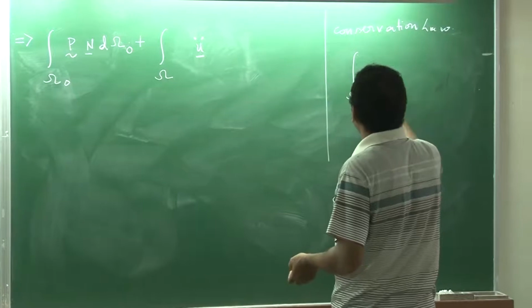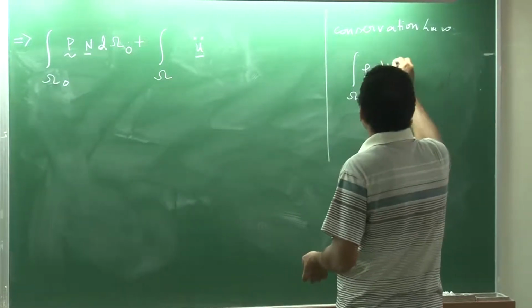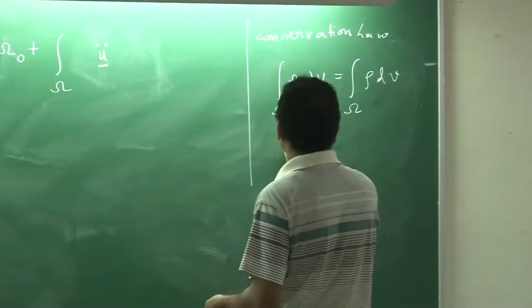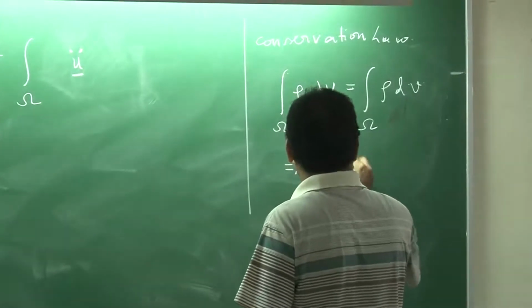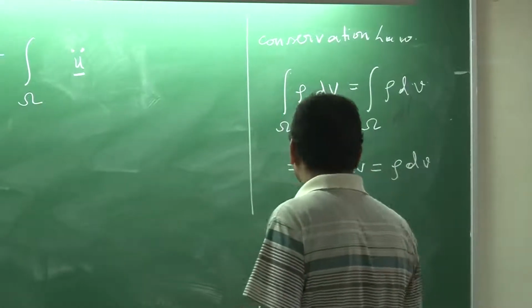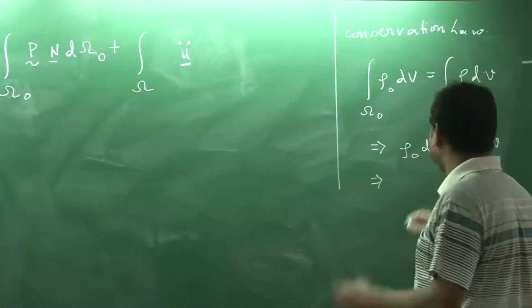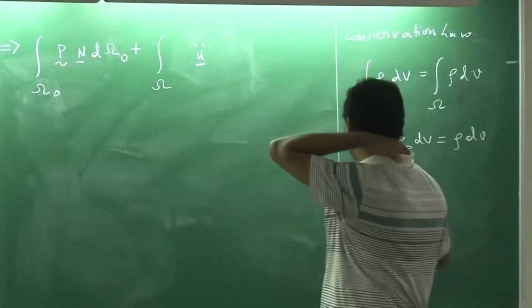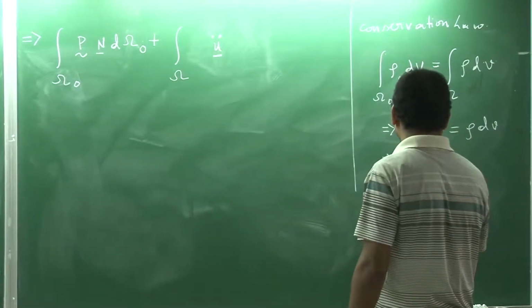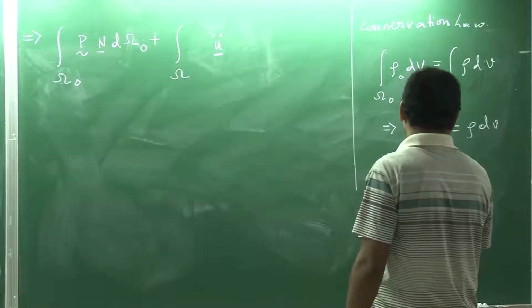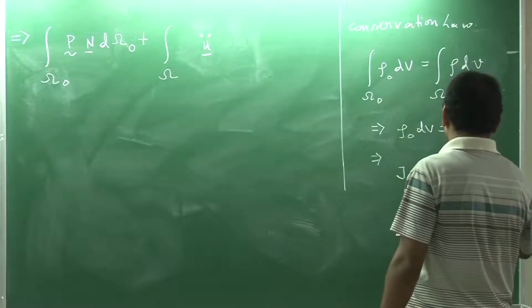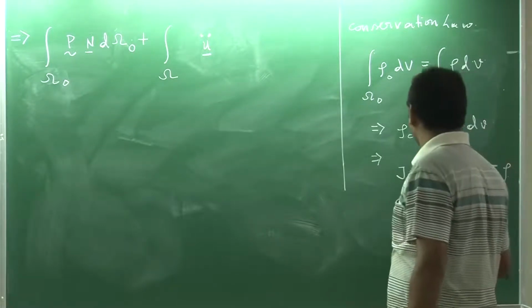the integral over omega 0 of rho 0 dV, capital V, is the integral over omega of rho dv. Later you will see that rho 0 can be expressed in terms of rho, so basically J will be rho by rho 0, so rho 0 J is rho. J is the Jacobian, the determinant of the deformation gradient, which I will explain later.